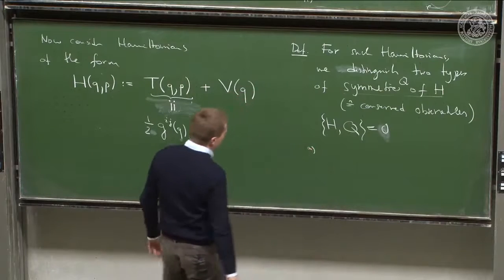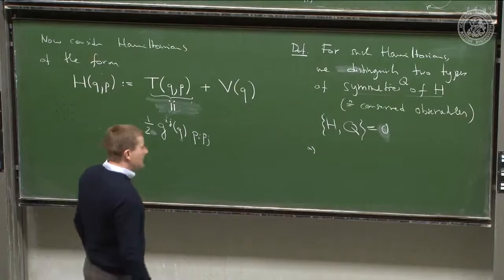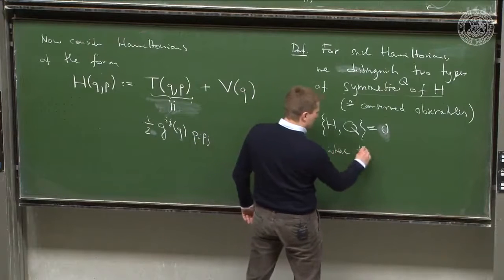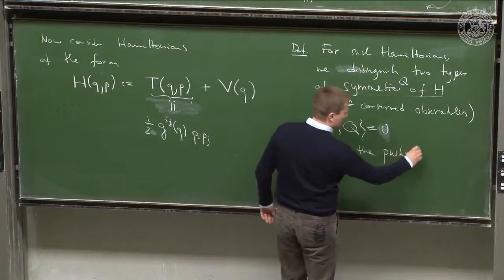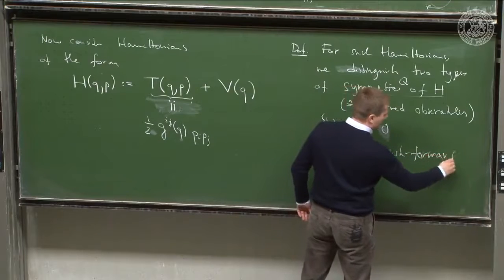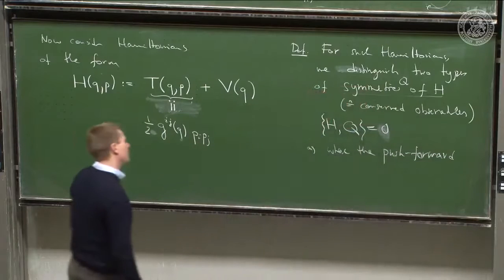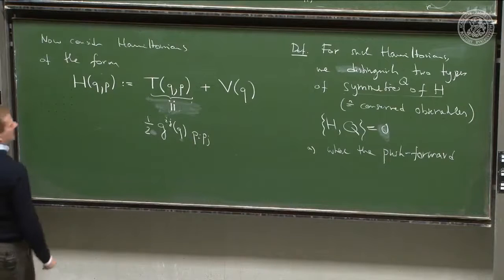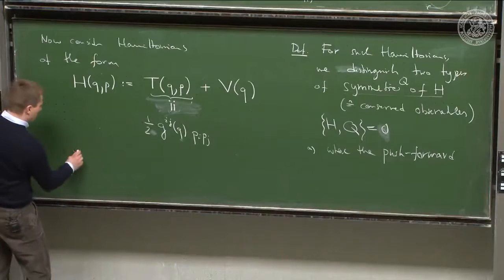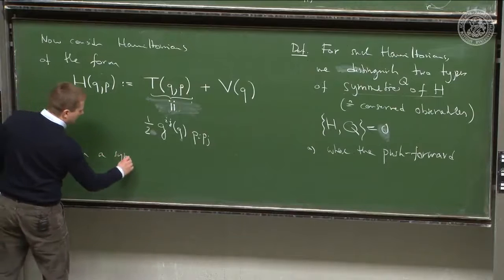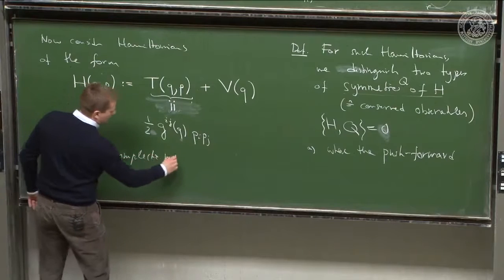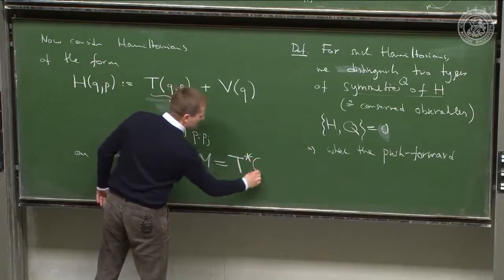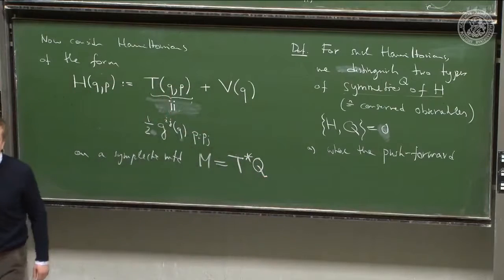Type A is the one where the push forward... okay, I have to say more. We consider a symplectic manifold which arises as the cotangent bundle of a base space.